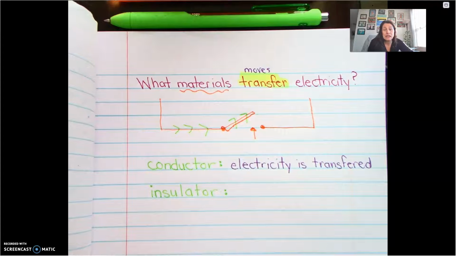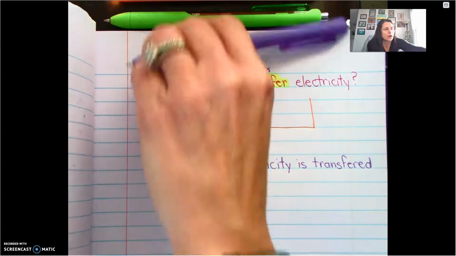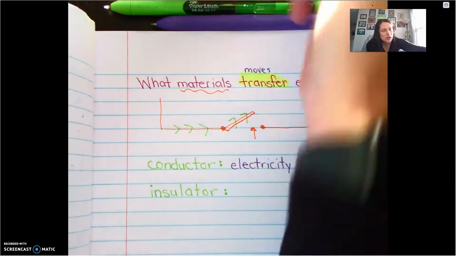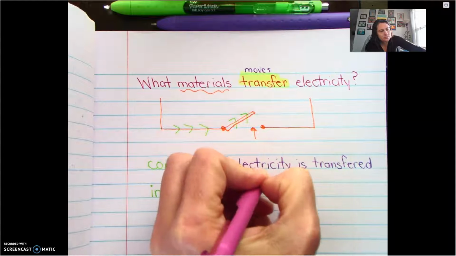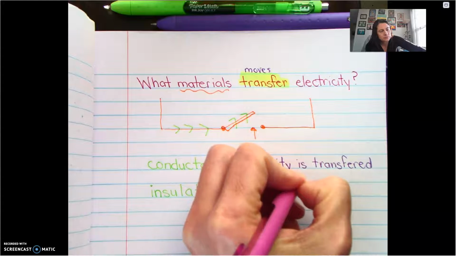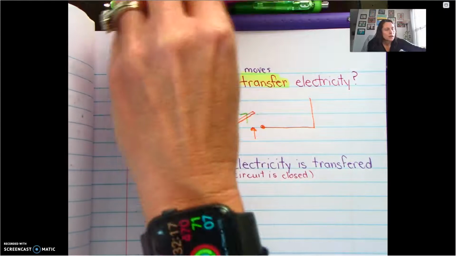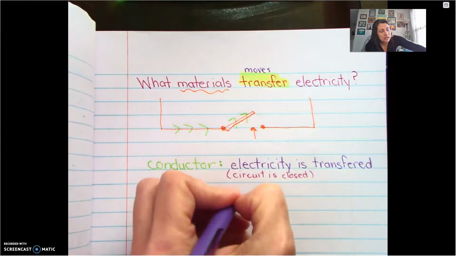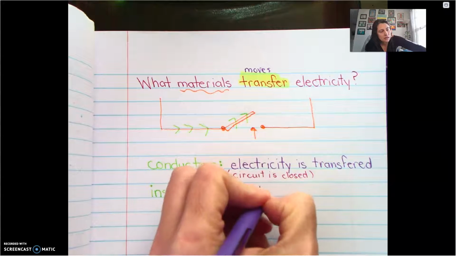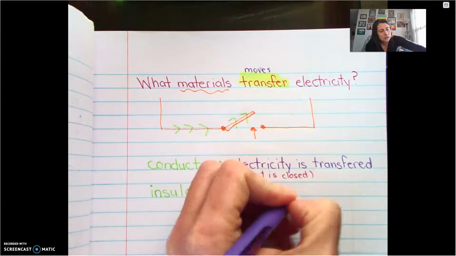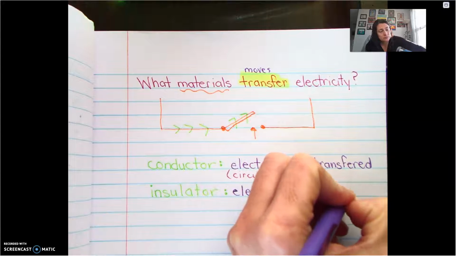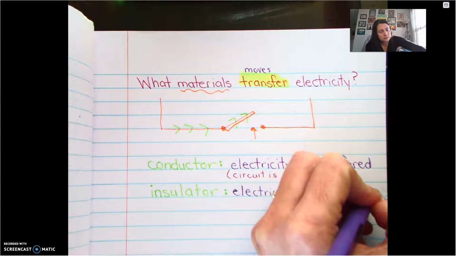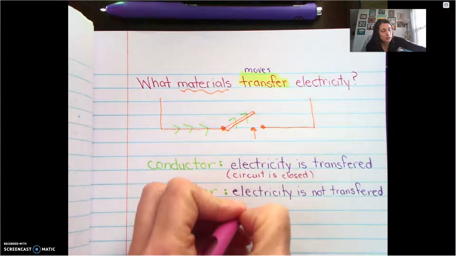A circuit is closed. It makes a full circle. Insulator is electricity is not transferred. And that means the circuit is still open.